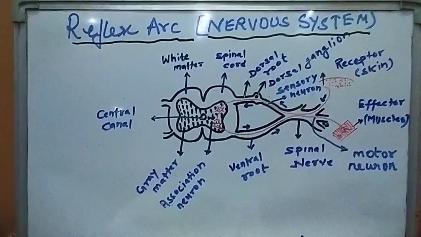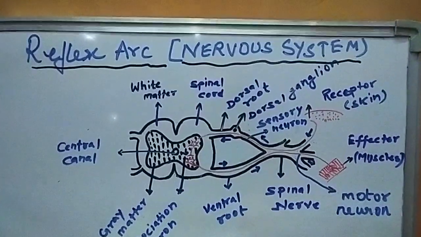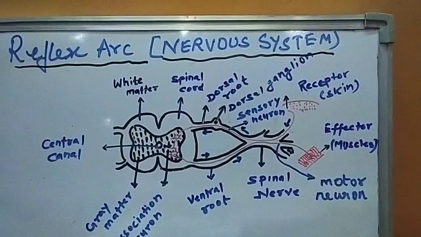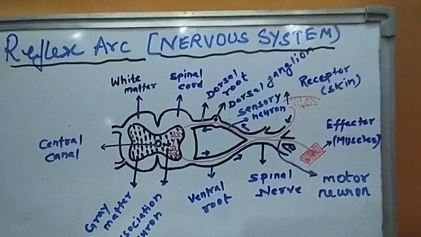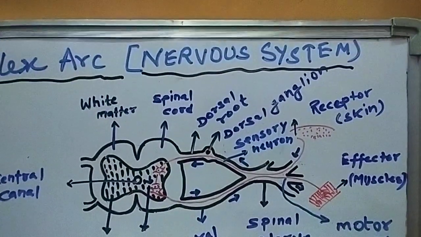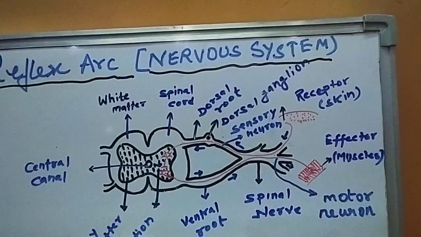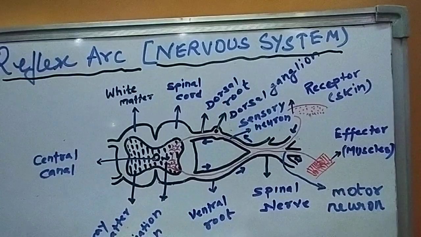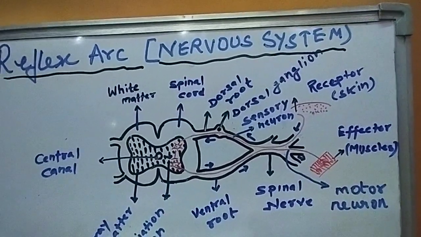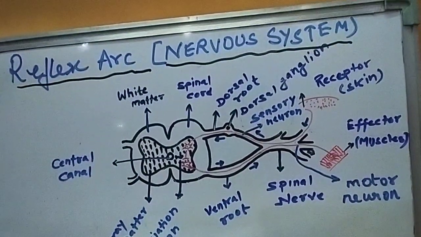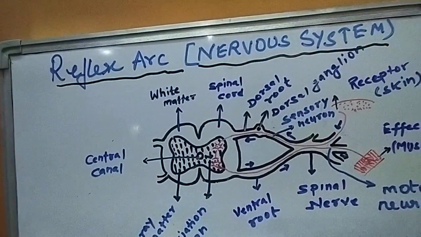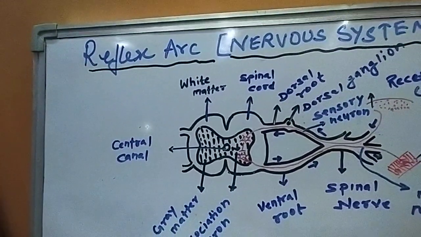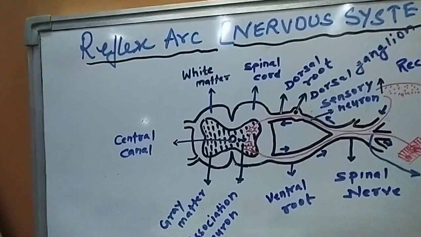And the structure associated with the spinal cord, you can see I have drawn the reflex arc diagram on the board. Starting from the receptor, that is skin. Skin has sensory cells, so it acts as a receptor, receiving the impulses and carrying them via sensory neuron through the dorsal root into the gray matter of the spinal cord.